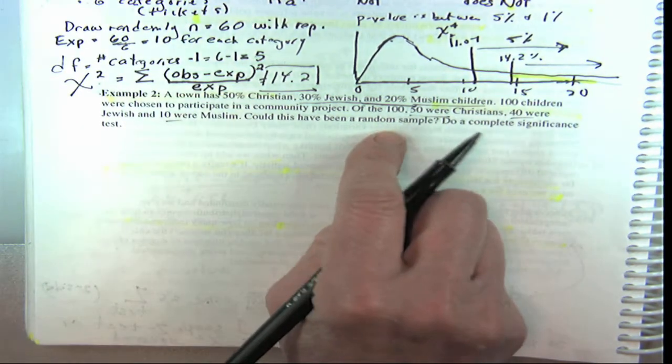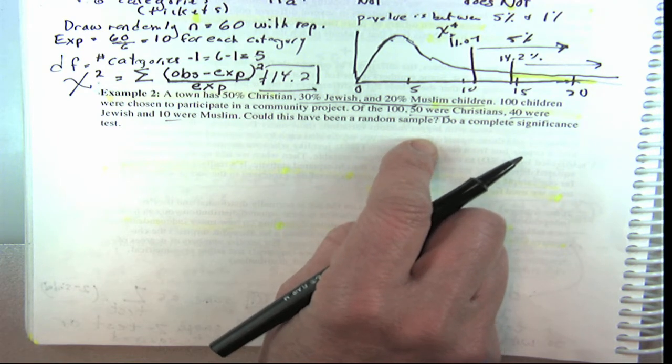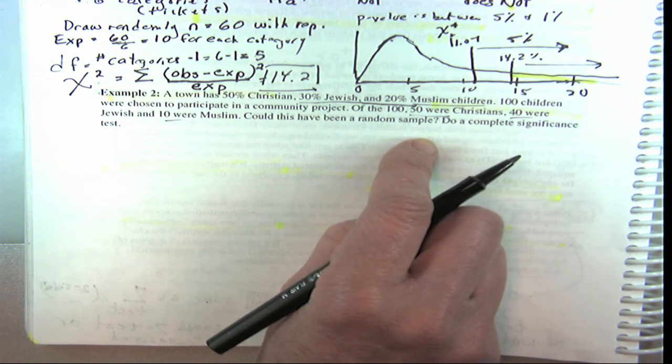Could this have been a random sample? You might want to do this with a jury, which is supposed to be representative of your peers. You could see what the composition of the town is, and then you could do a chi-square statistic to see if the jury panel was fairly chosen, the 100 people they randomly choose before they do all the questioning.